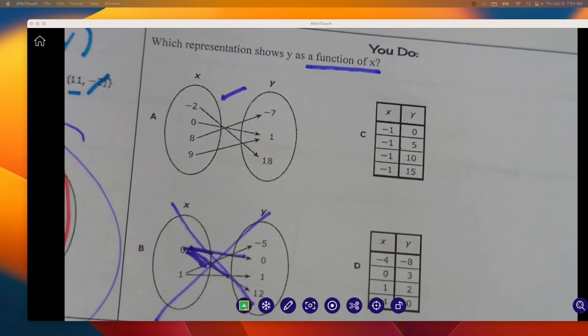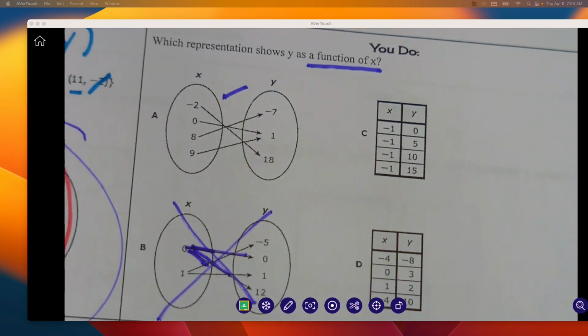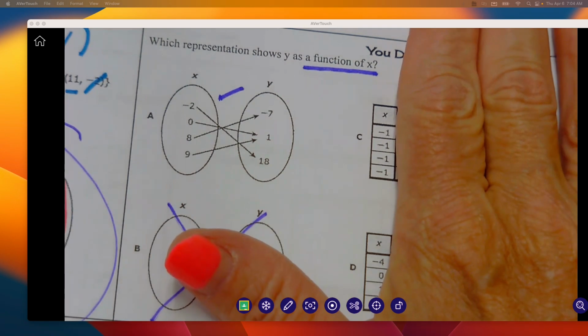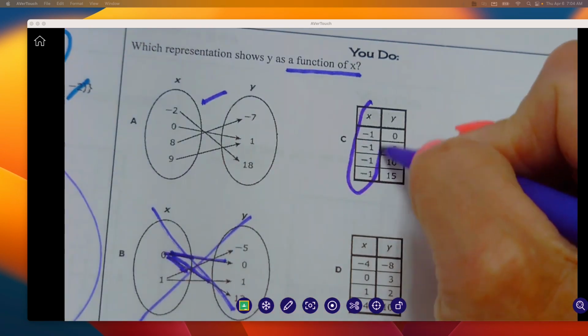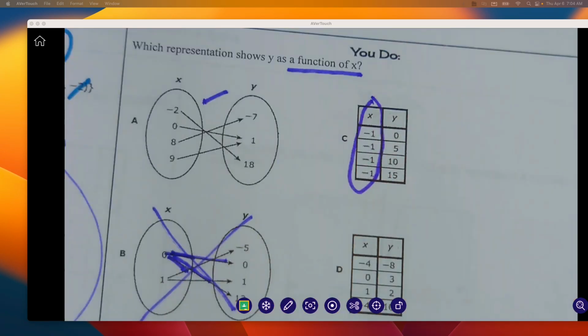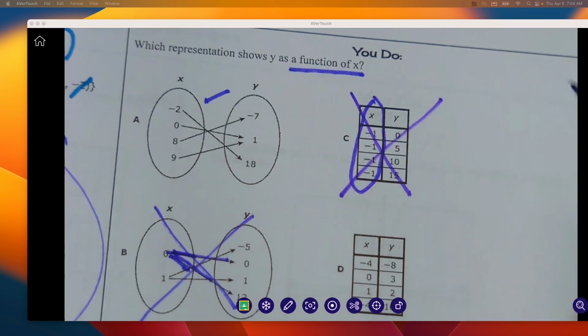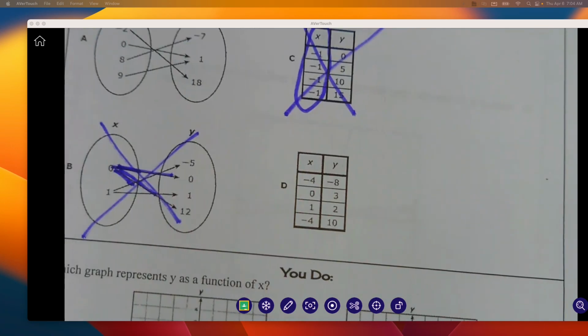Okay, now let's look at the tables. I'm going to cover up the y values. So the x value, -1, -1, -1, -1, those all repeat. The x cannot repeat. So hopefully you didn't choose C because the x repeats, so it is not a function. Okay, and then the last one.